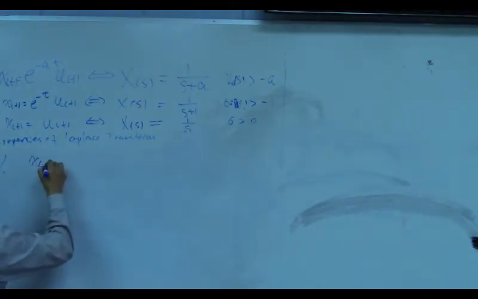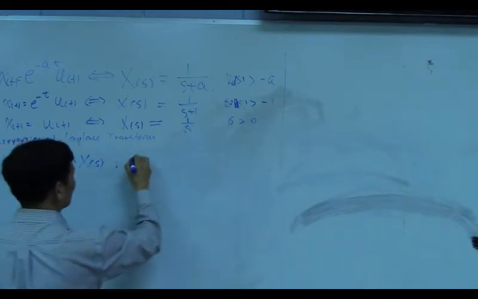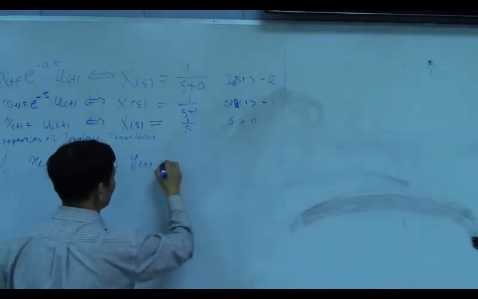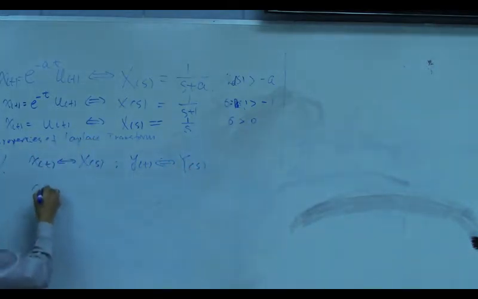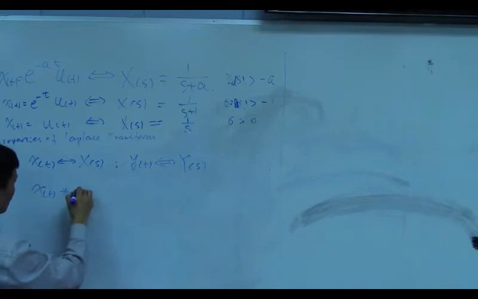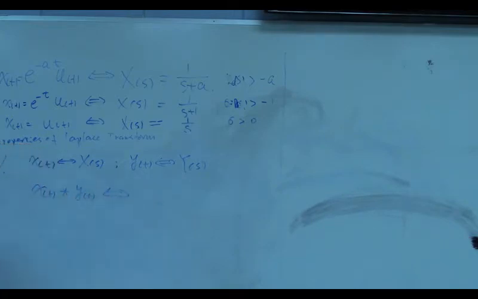If x of t gives us capital X, and y of t gives us capital Y, then what about the convolution of x and y? That is the real reason we discuss transform analysis. We know this one is not easy to calculate.